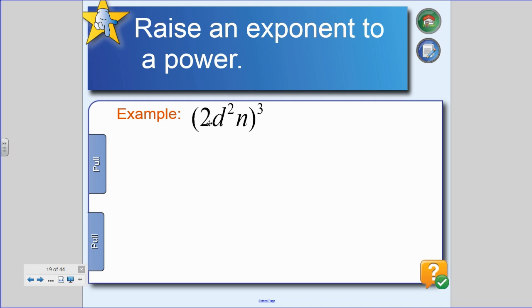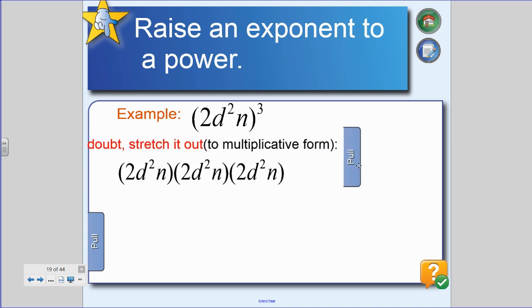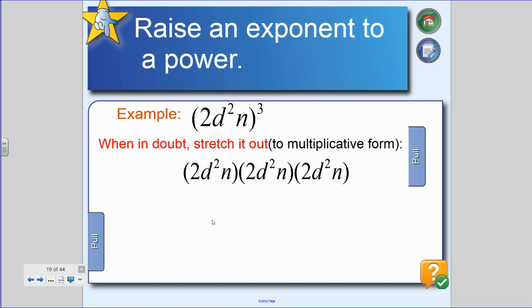This power of 3 means that whatever this thing is, I've got 3 of them, and they're multiplying each other. So I'm going to stretch it out into multiplicative form. There's 2d squared n, another 2d squared n, and a third 2d squared n, and it's all multiplying.